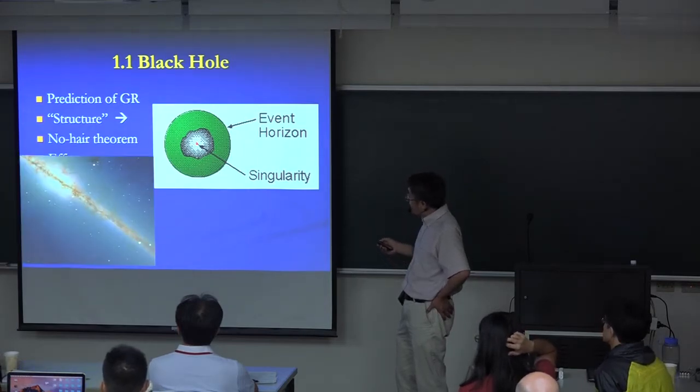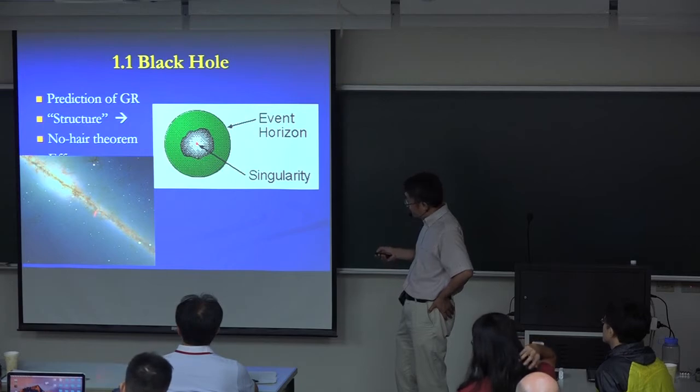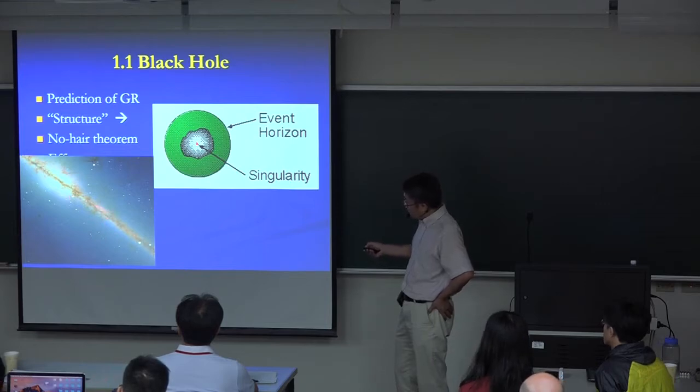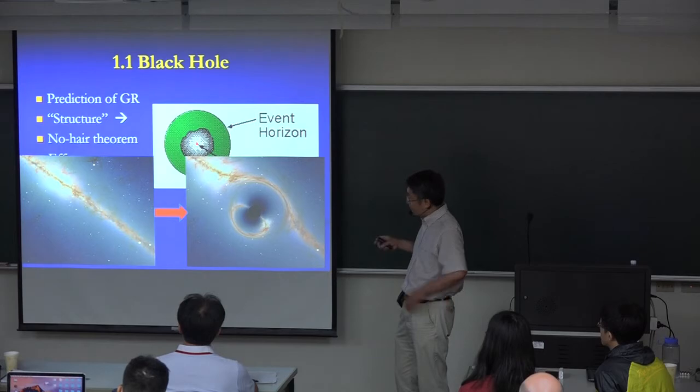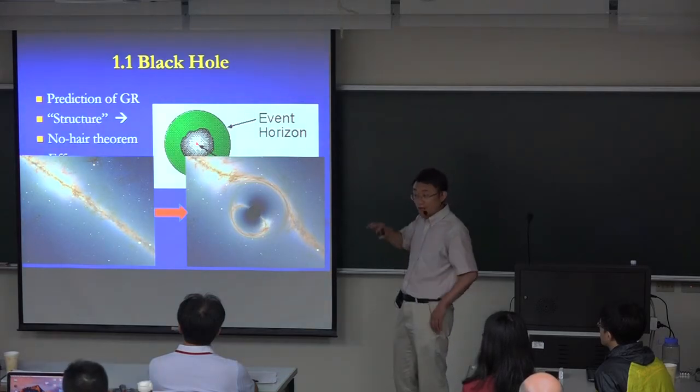The effect of the black hole on space-time can be seen from this picture. This is a picture of our galaxy. If we put a black hole between this galaxy and our telescope, what we will see will change into this. This is because of the change of the space around the black hole.